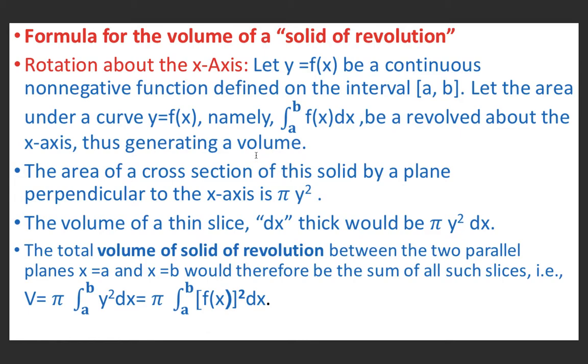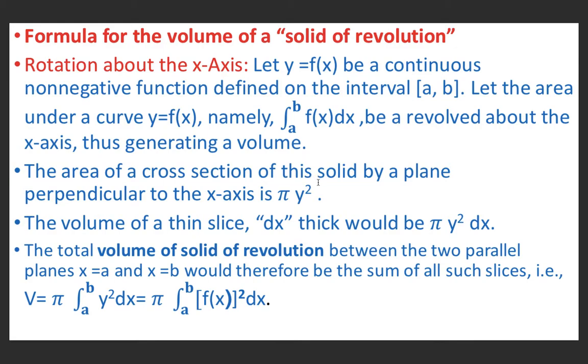Suppose the plane area is revolved about the x-axis. Let y equal to f(x) be a continuous non-negative function defined on the interval [a, b]. Let the area under the curve y equal to f(x) be revolved about the x-axis to generate a volume.